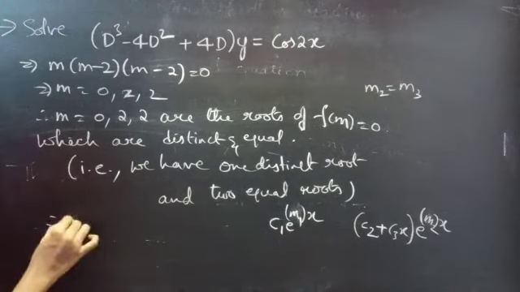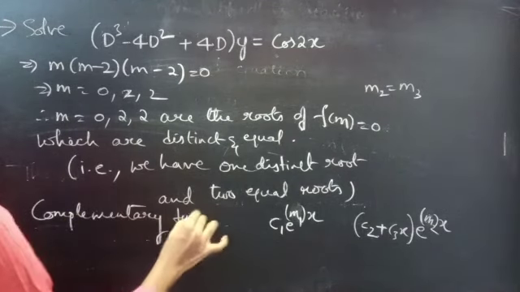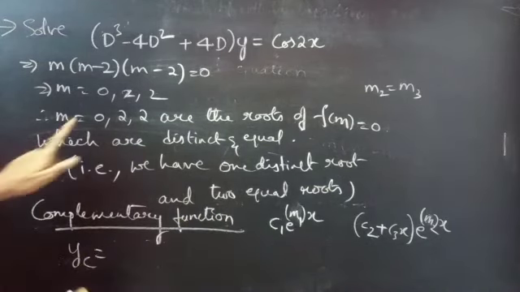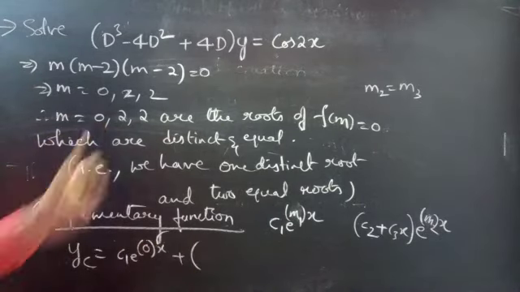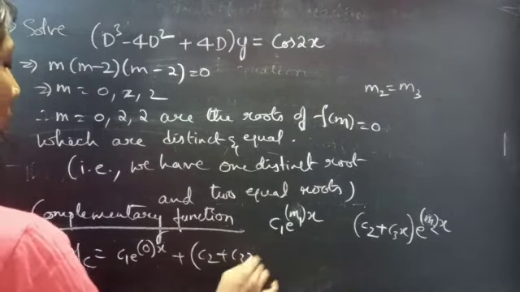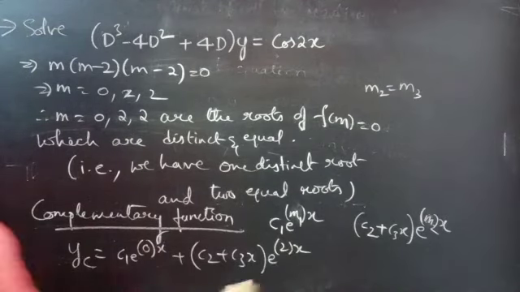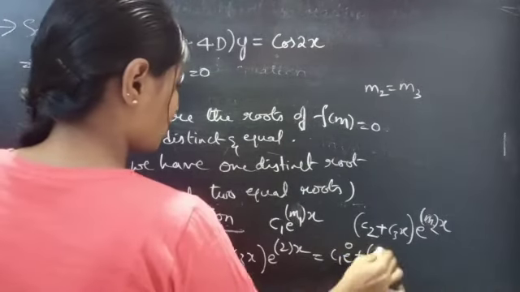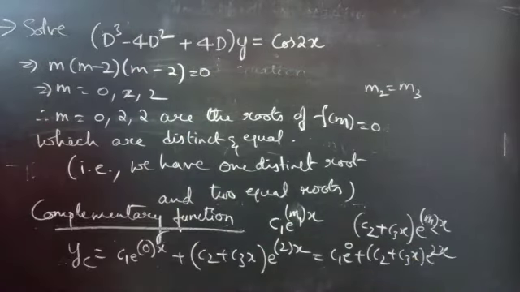So therefore, the complementary function will be: y equals, firstly let's write for 0, c1 e power 0 into x, plus next we'll write for the 2 equal roots, (c2 plus c3 x) into e power 2 into x, which equals c1 e power 0 into x is c1, plus (c2 plus c3 x) into e power 2x, right?